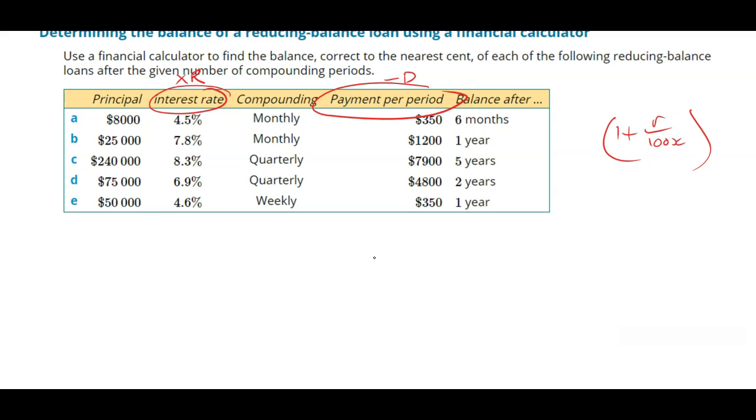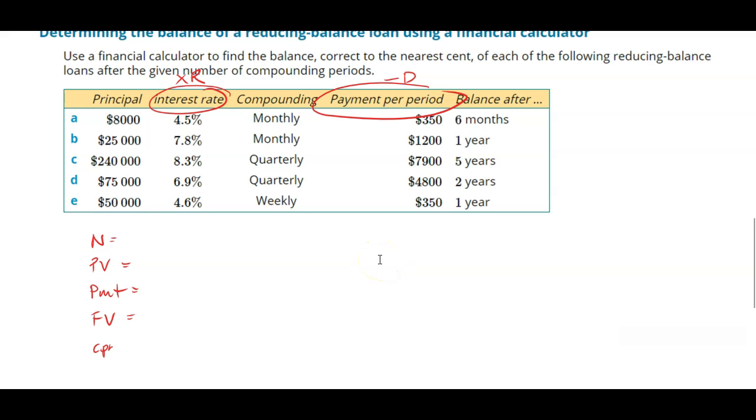Finance solver doesn't use the same symbols as your formulas do. The first one they use is N, which means the number of payment periods. Then PV, which is the principal value. Then payment, which is the payment amount. Then FV, the future value.